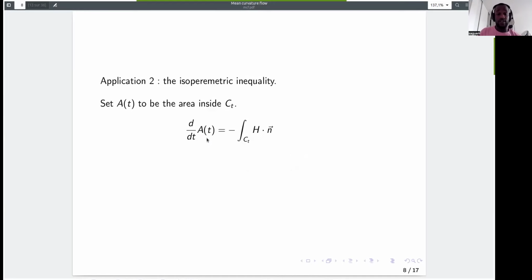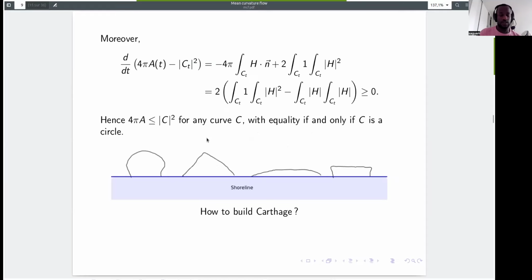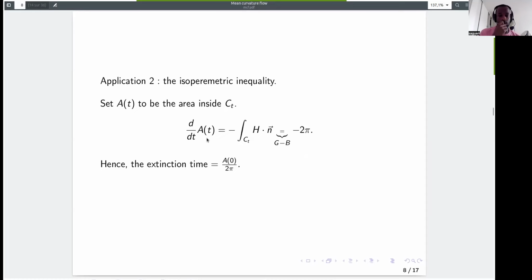Another application of the mean curvature flow is the isoperimetric inequality. So how to prove the isoperimetric inequality? Well, actually, I didn't recall the isoperimetric inequality. Sorry. First, before we prove the isoperimetric inequality, we start with an intermediate result.